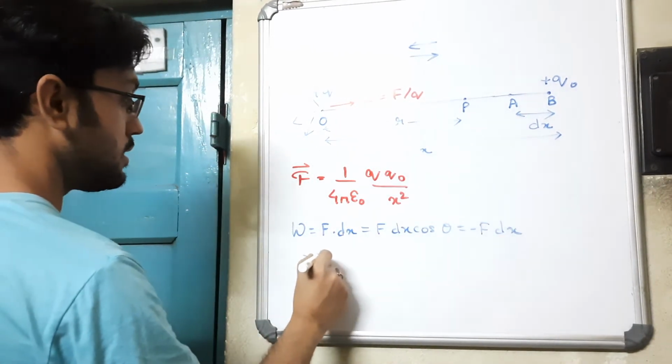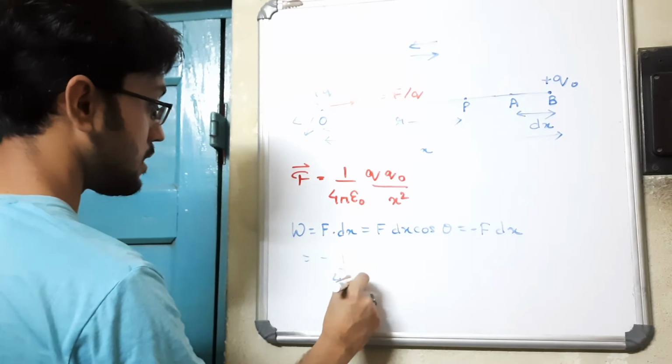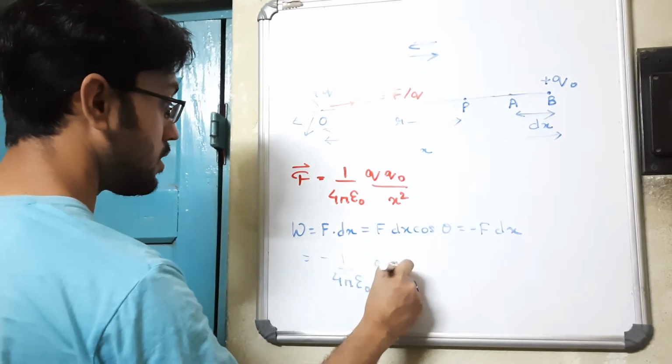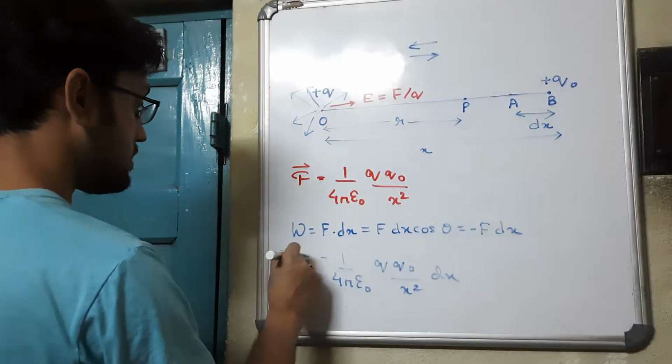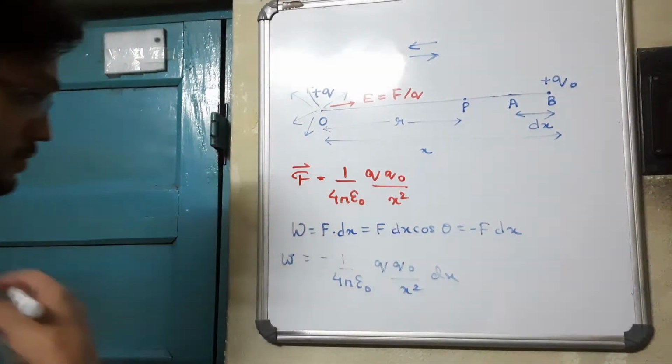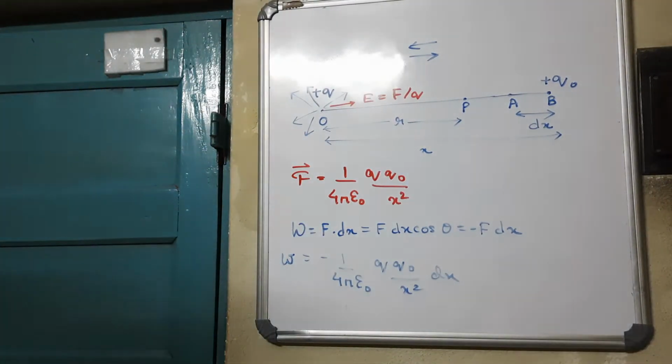So the work done is minus 1 by 4 pi epsilon naught, Q Q naught by x squared, dx. This is the work we have to do in order to move the test charge from the point B to the point A, that is, to cause a small or infinitesimal displacement from the point B to the point A.